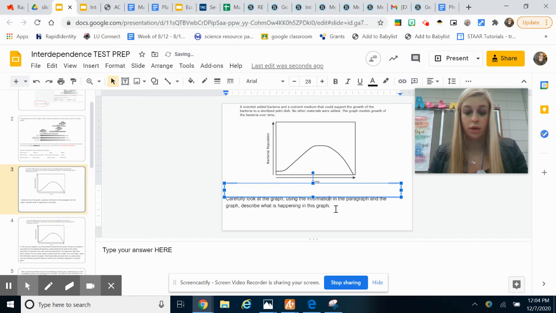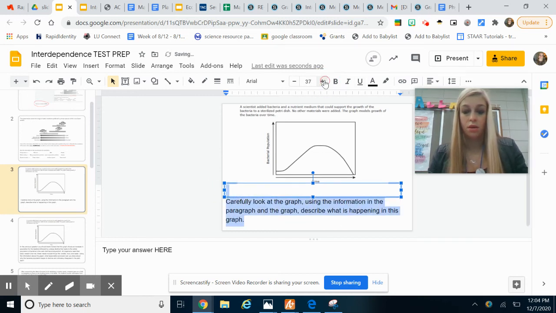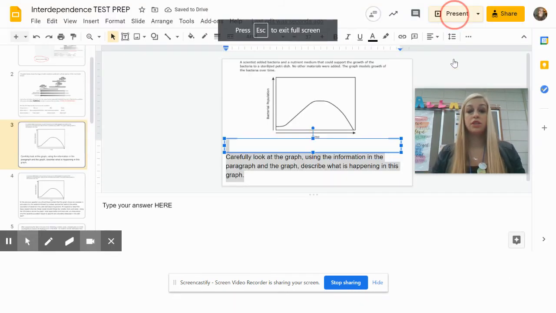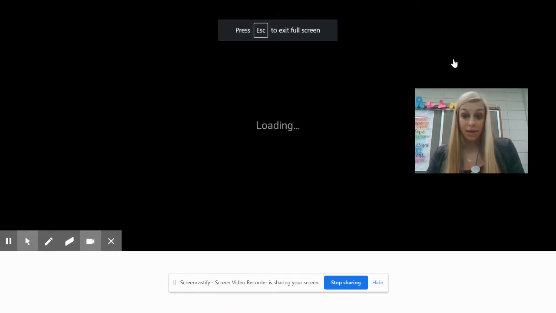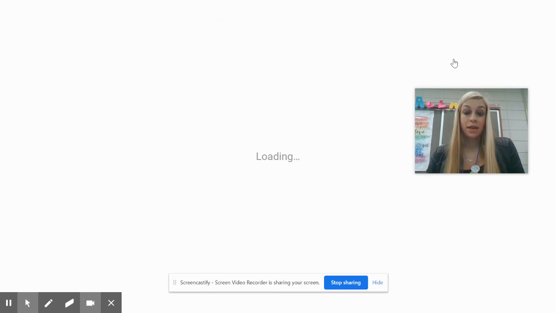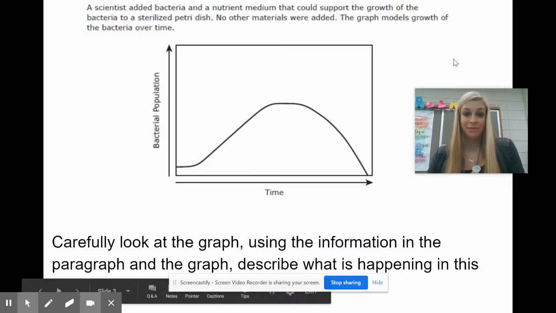We just need this one. So anyways, you are going to describe what is happening in that experiment. So describe the setup, basically.